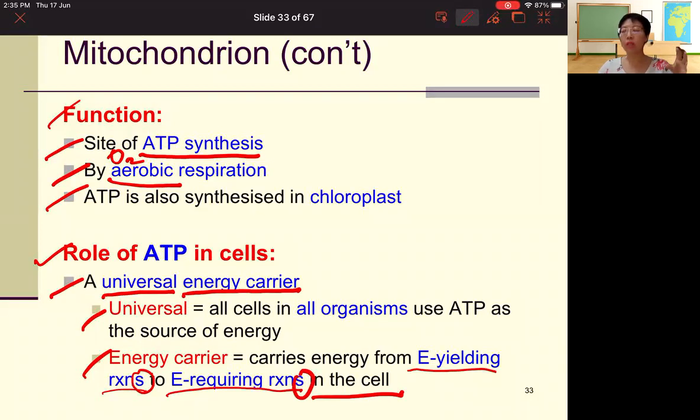So energy yielding reactions. And then you will bring your handphone around whenever you need to do your job. Okay. So you go to the energy requiring reactions. So the ATP is like the battery inside your handphone. It's a rechargeable battery. So it will allow your handphone to carry out energy requiring reactions.